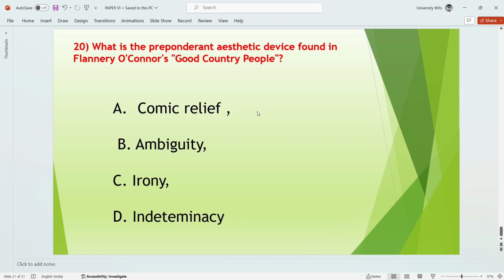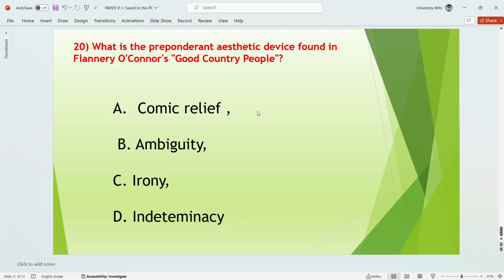So obviously irony, because in this particular work irony is the preponderant aesthetic device. I can't pronounce it properly. This story is filled with situational irony, where the outcomes of events are contrary to what is expected.